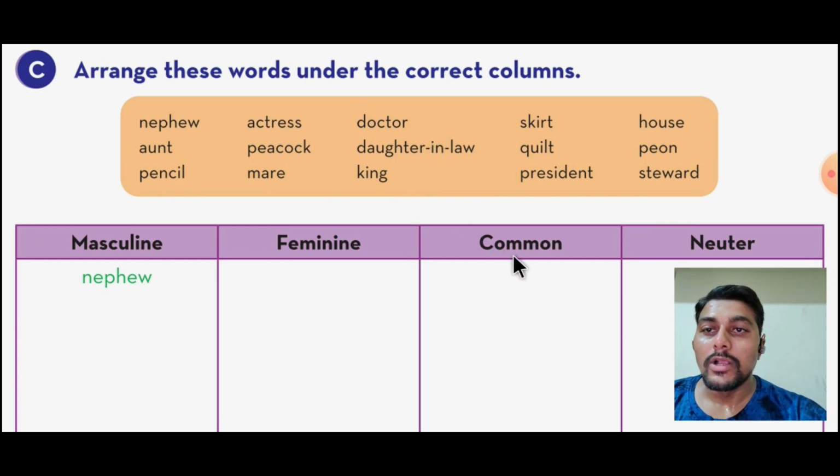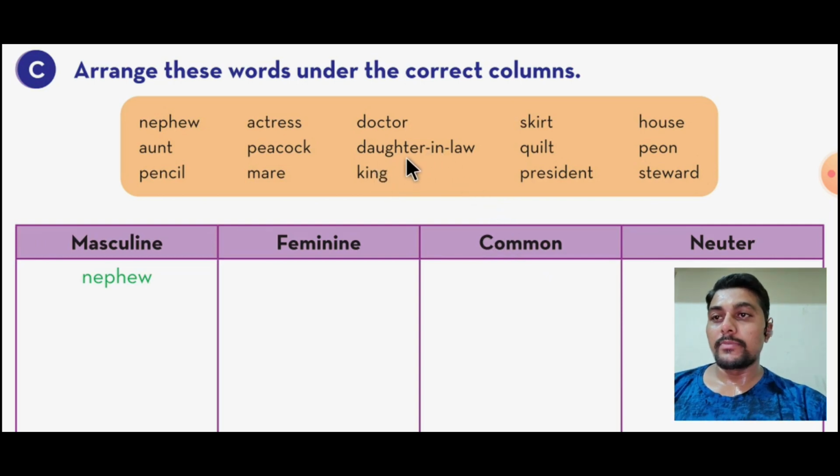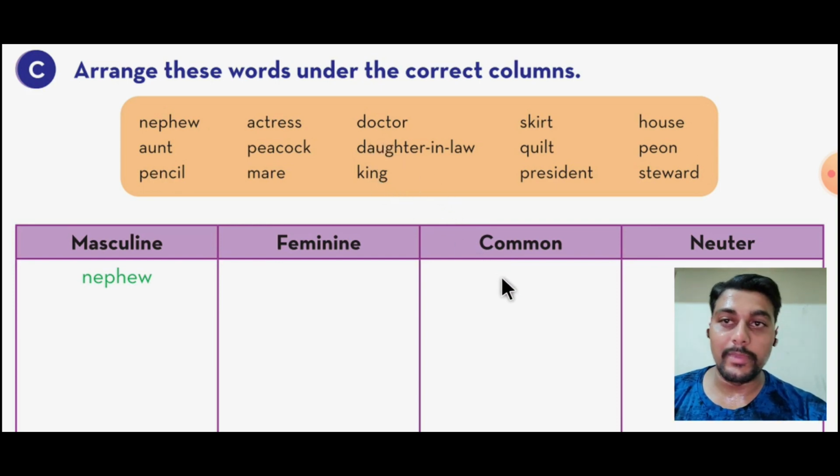Then common gender. The category of common gender is used for both male and female. So please try to find the answers. The first one is, yes, doctor. Doctor may be either male or female. Then president.